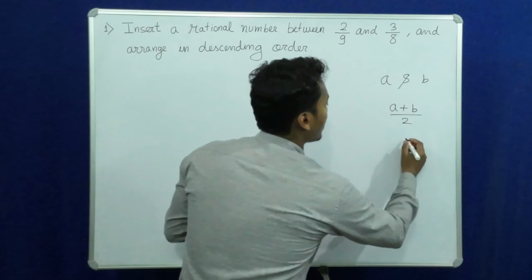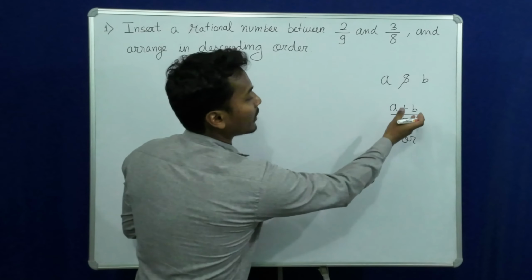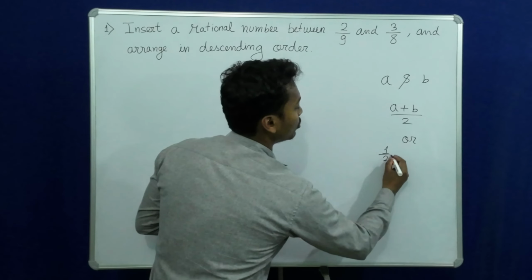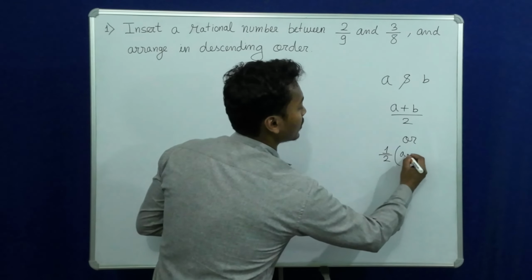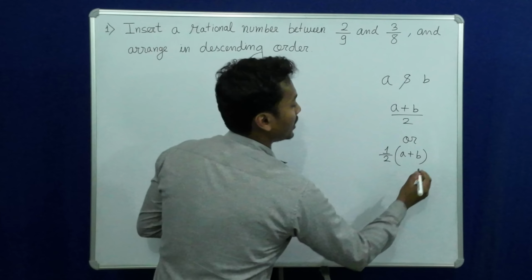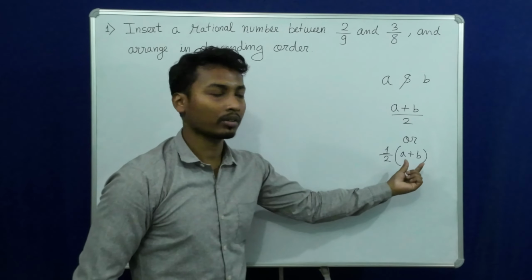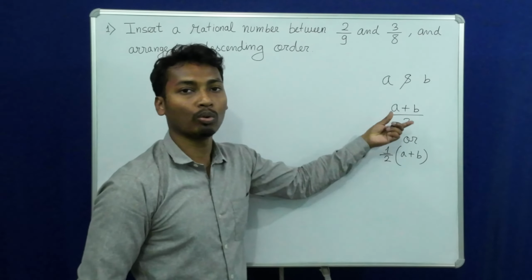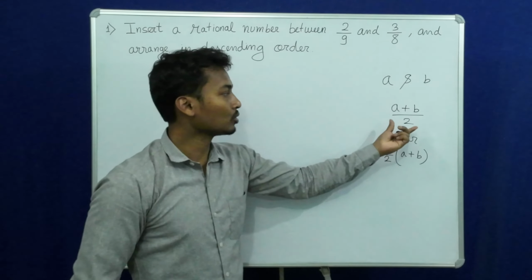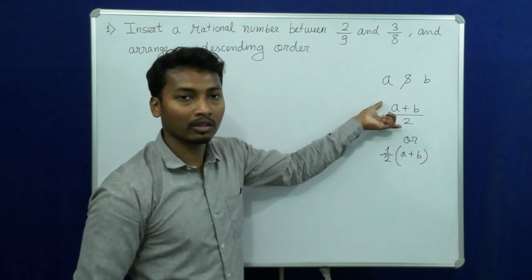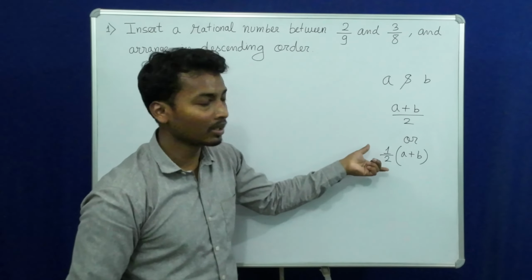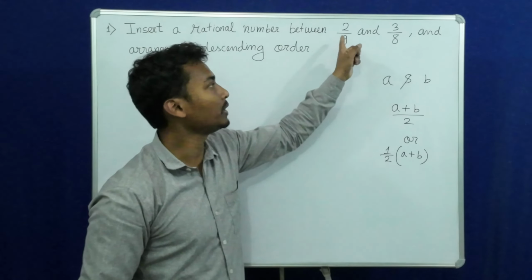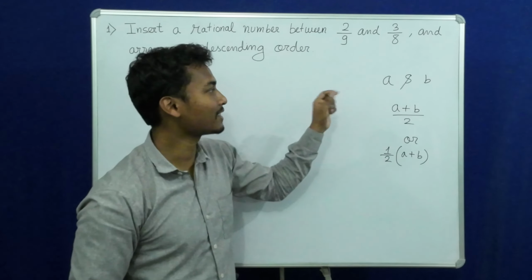In the same way, we can also express this in this form: 1 by 2 times the sum of a and b. So if you add the two rational numbers and then multiply it by half, it holds the same meaning as dividing the whole sum by 2. So either you can write the formula or the method in this form or this form, and you will get a rational number exactly between the two rational numbers. So let's apply this method.